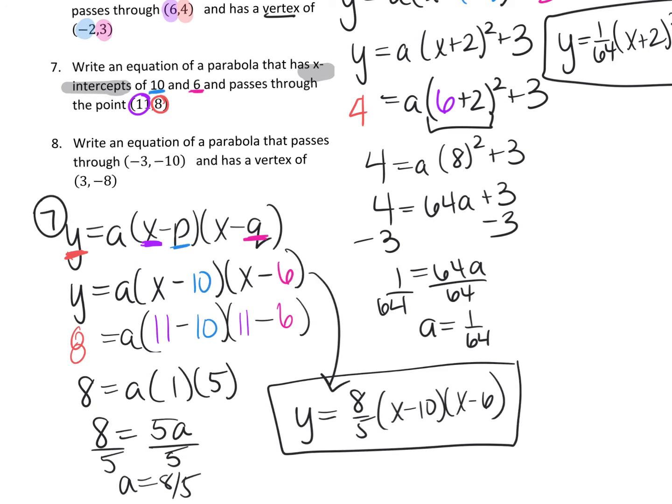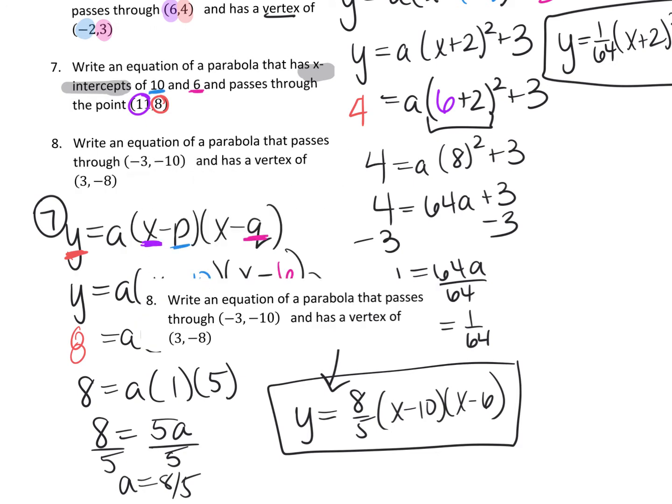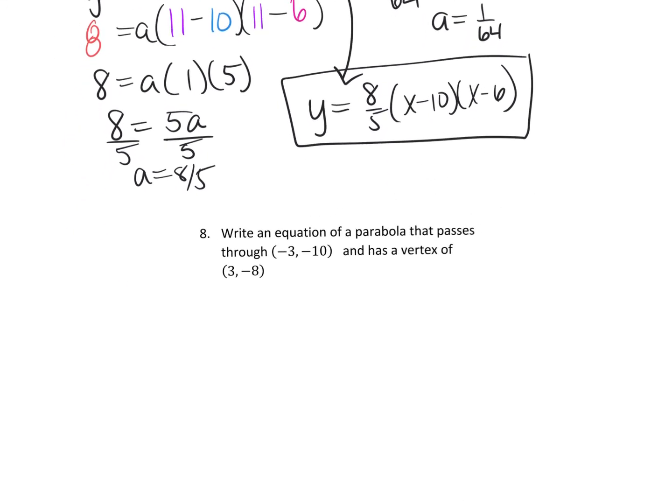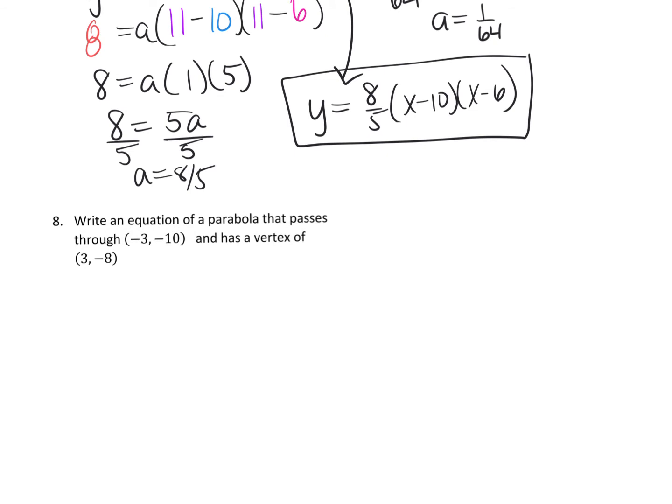We're going to cut this off here, bring it down for us. So write an equation of a parabola that passes through -3, -10, and has a vertex. So we're back to using vertex form: a times x minus h squared plus k. And we're going to plug in x and y. So what are my h, k and x and y?